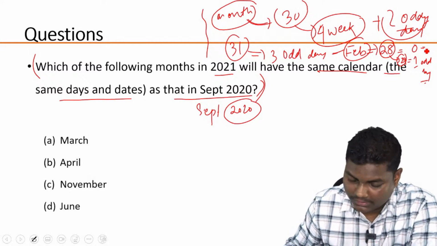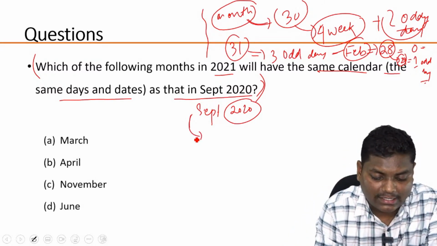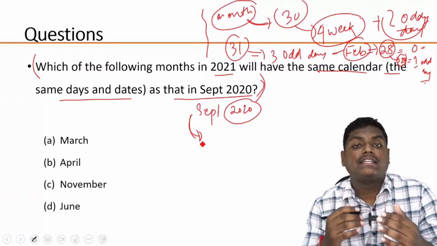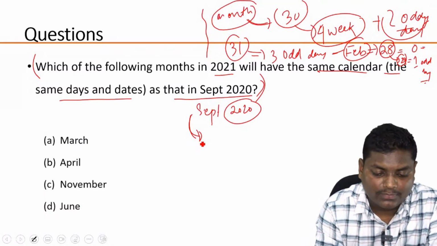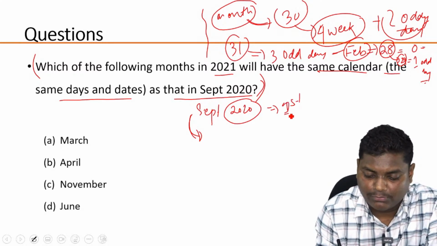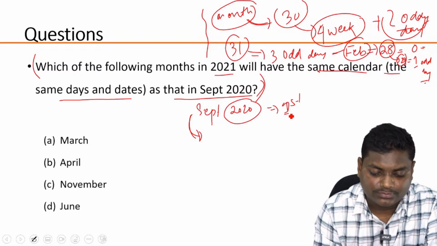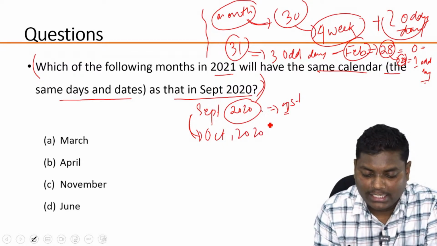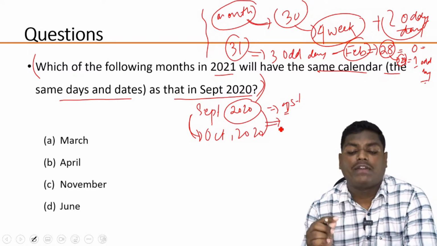Okay, so let's try and understand this. Let's try and see from September. Let's start from September 1st. From September 1st to October 1st, it is 1 month.